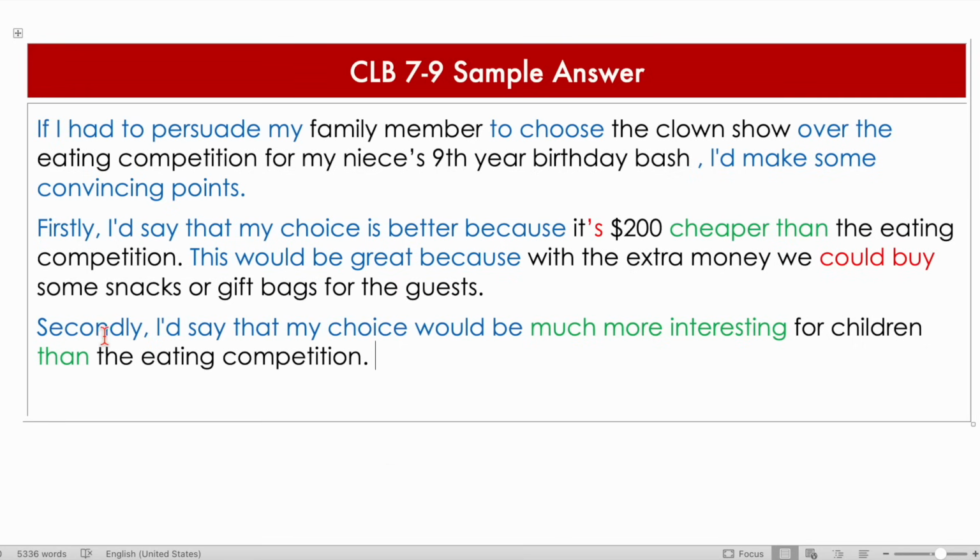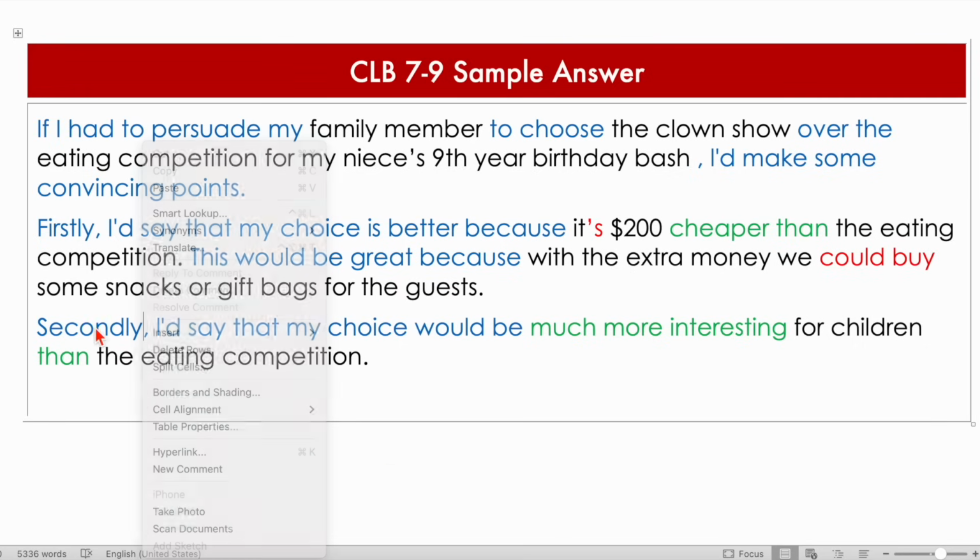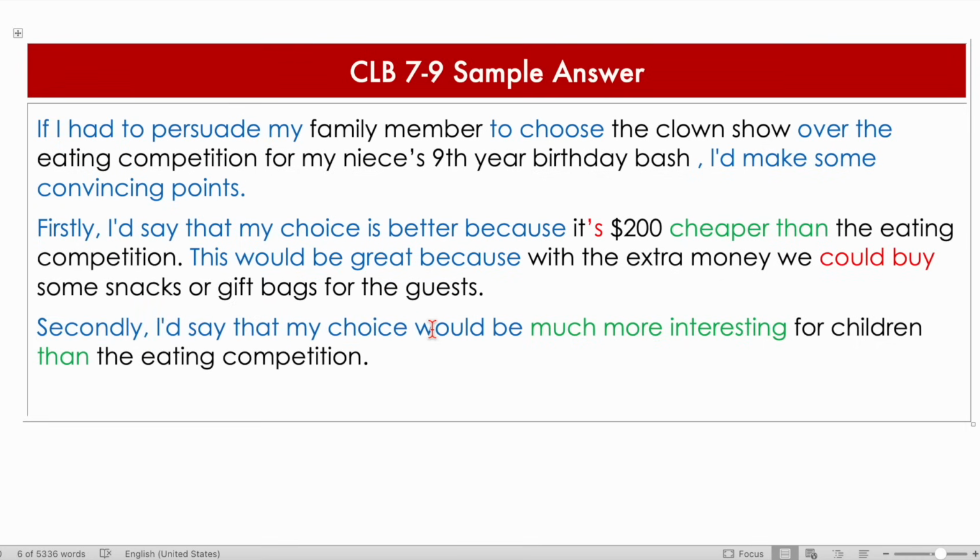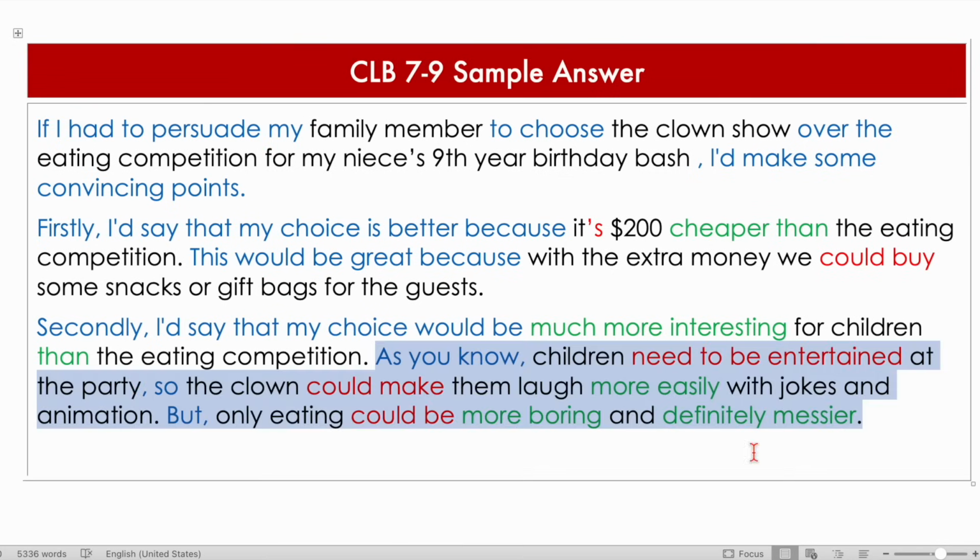Don't forget that everything here in blue is just structure that's in our guide, okay? So here's my idea. Now they need to explain how is it much more interesting?